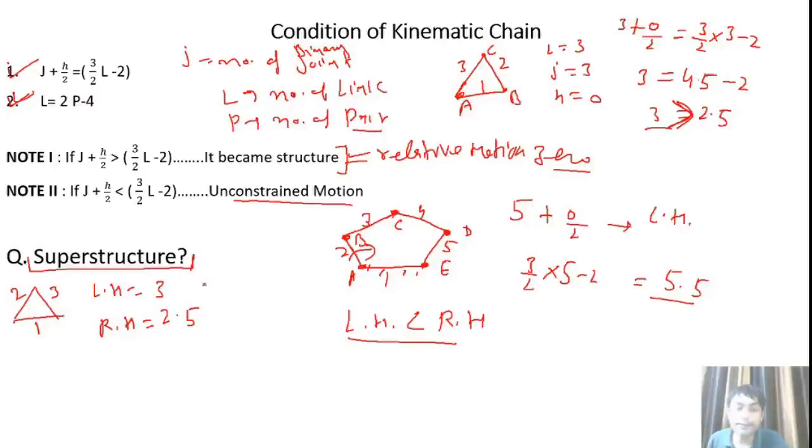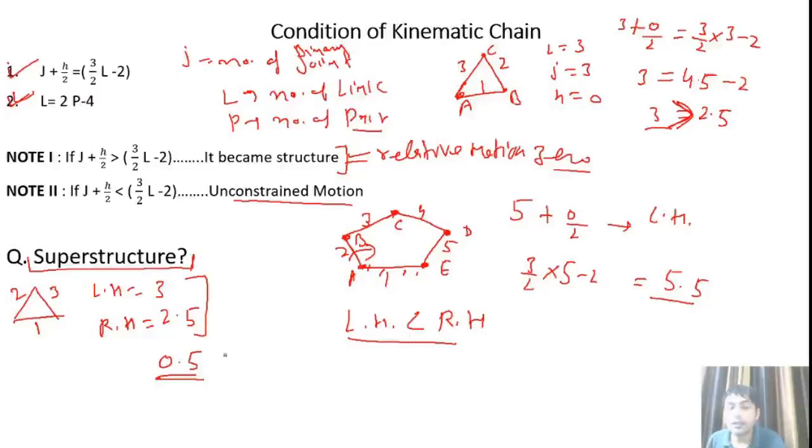The difference is equal to 0.5. There is no relative motion. There is no relative motion at all in a structure.